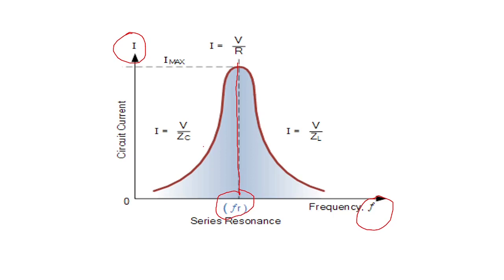Before the resonant frequency, the current is increasing and it reaches the maximum at the resonant frequency, and after the resonant frequency it decreases again. At the resonant frequency, because the impedance is minimum, the current will be maximum. The current will be maximum at resonance.